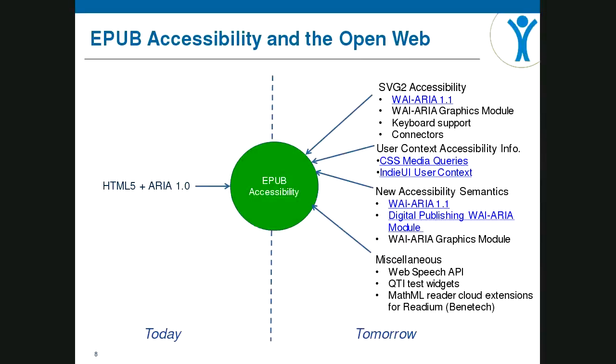So, for example, in EPUB we are using ARIA role to extend the semantics.